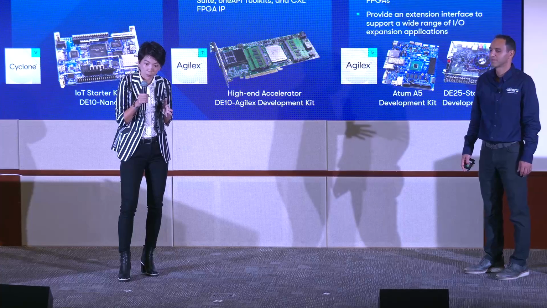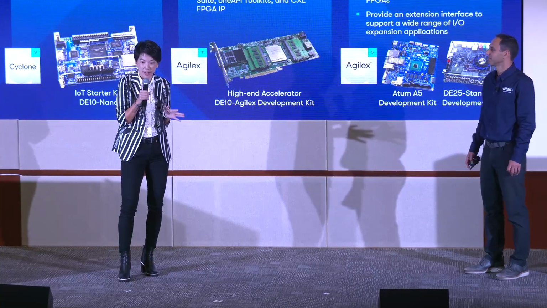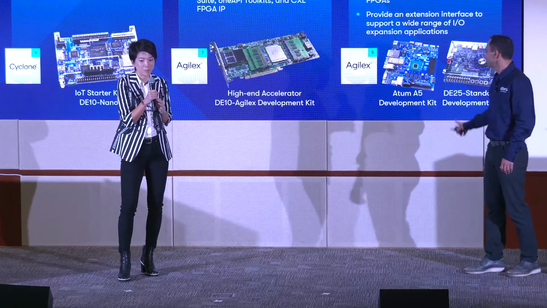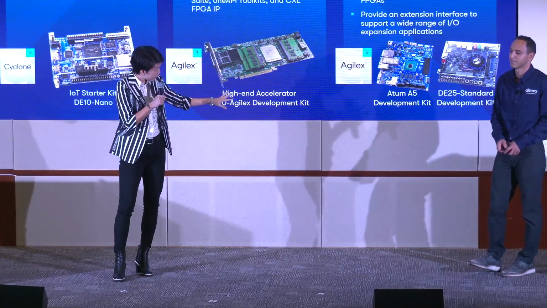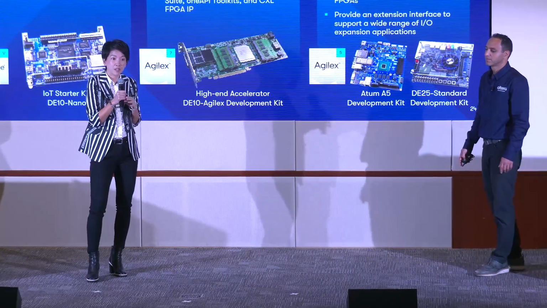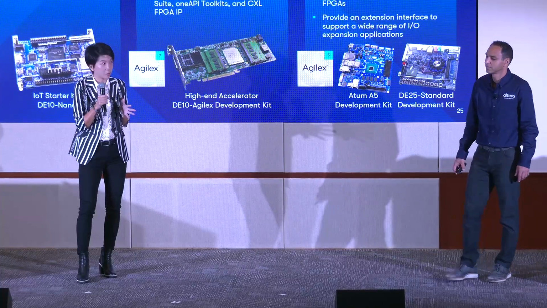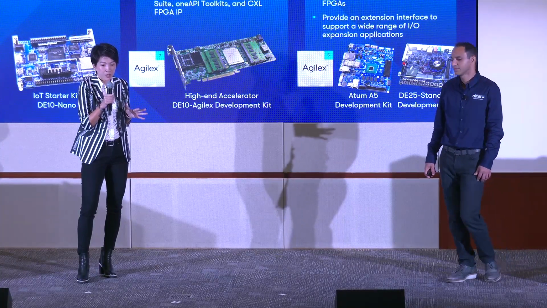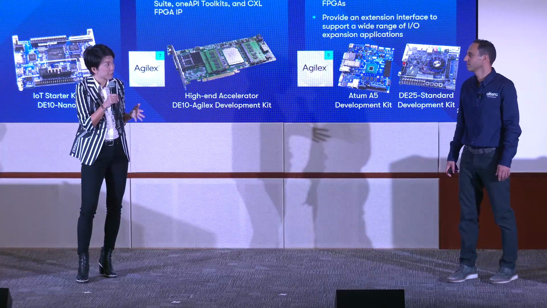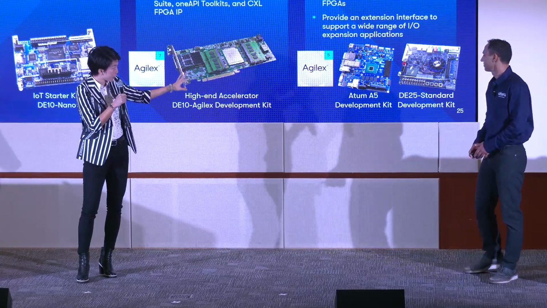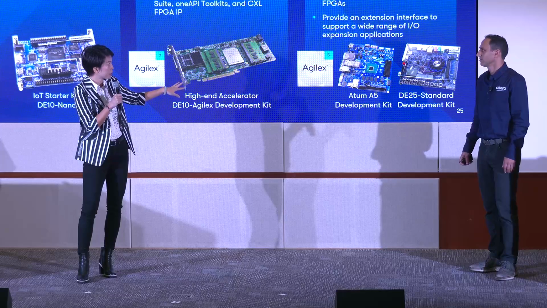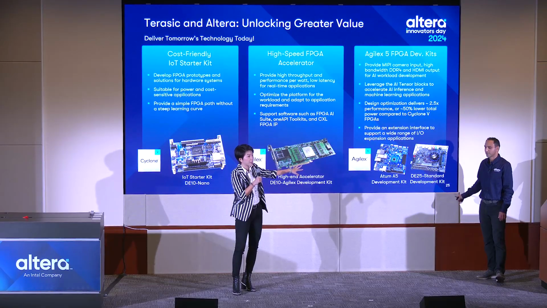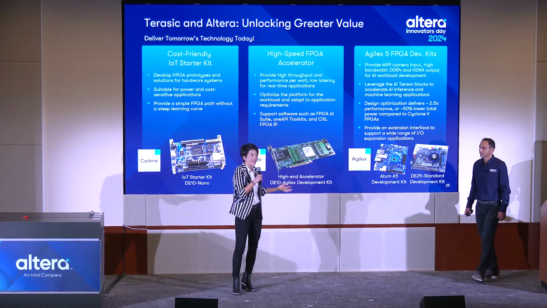If your workload is related to AI or embedded vision, then the Atum A5 will be your perfect platform. The DE25 development kit that you see here is the newest generation dev kit for the Altera University Program. On this board, developers can leverage the AI tensor block on the Agilex 5 FPGA, as well as the MIPI CSI and DSI connectors on the DE25 kit, to jumpstart their AI applications.